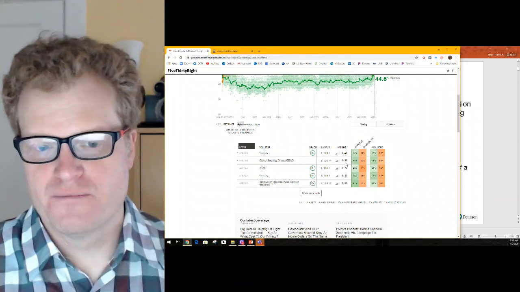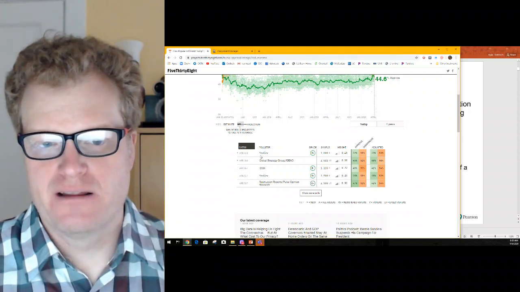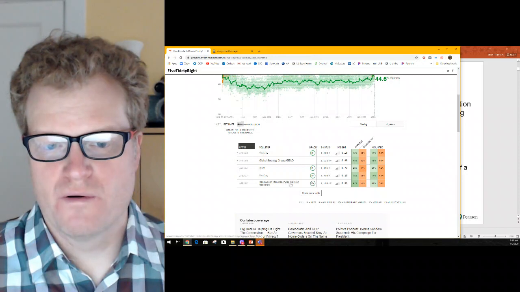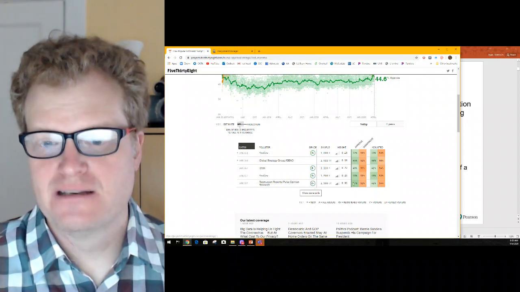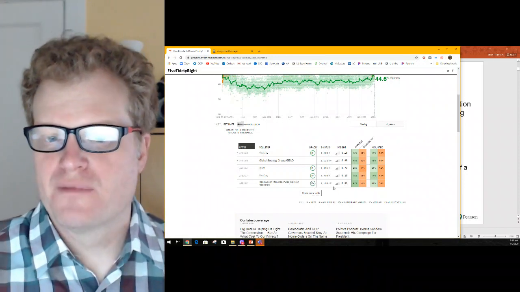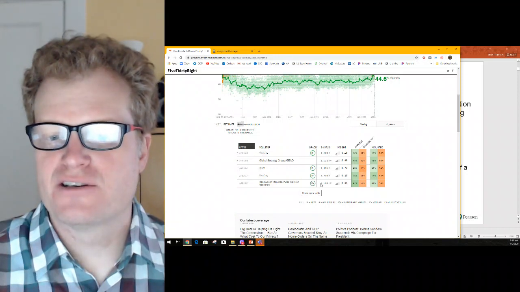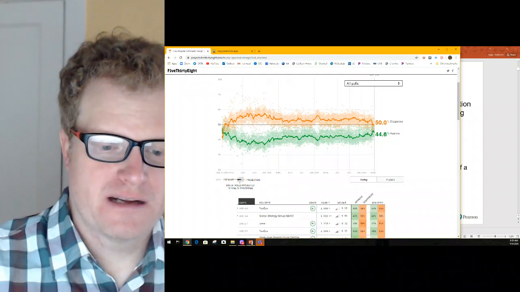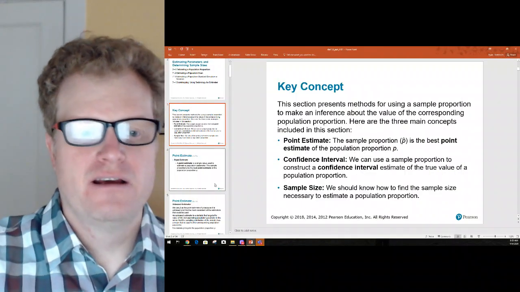And then they also give them some weight too. We can see that the YouGov doesn't get a very good rating, but this Rasmussen Reports Pulse Opinion, even though it's a C plus, has a greater weight, and that's most likely to do with the fact that the sample size is much larger. All right, so let's go back to how we actually start creating these confidence intervals.